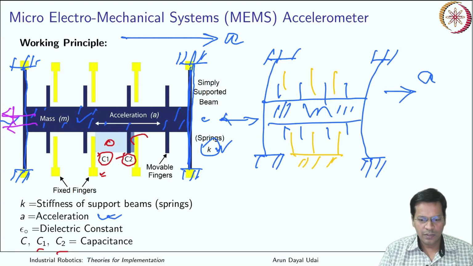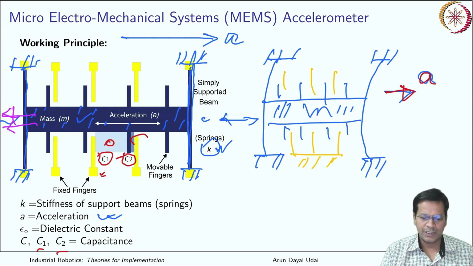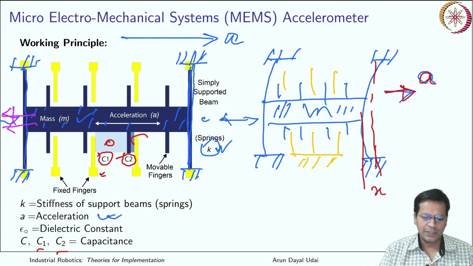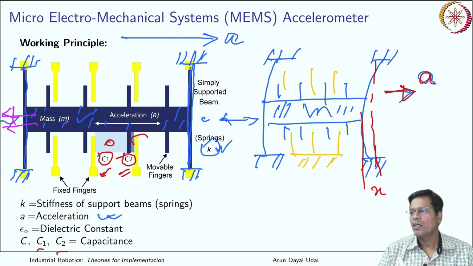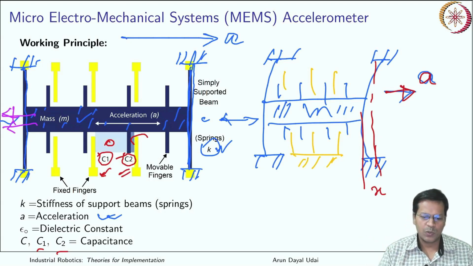Now when this has moved due to an acceleration a by a certain distance x from the mean position, let us say it has moved by a distance x, then the capacitance of both the parallel plate capacitors changes. So that is the basic principle. We have to measure the change in capacitance somehow, and we'll come to know what the acceleration is. So that is how it works.